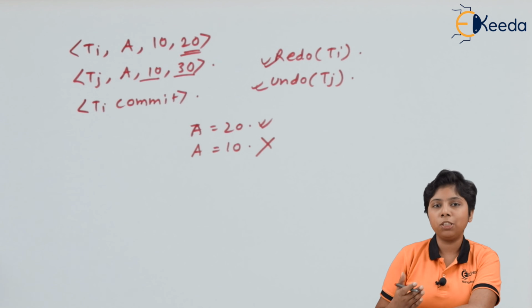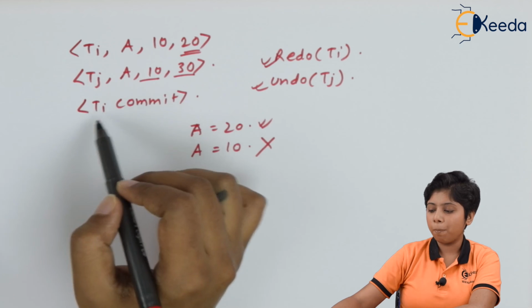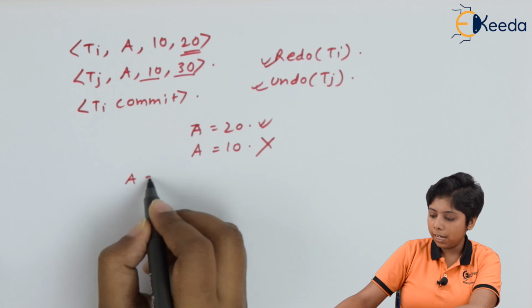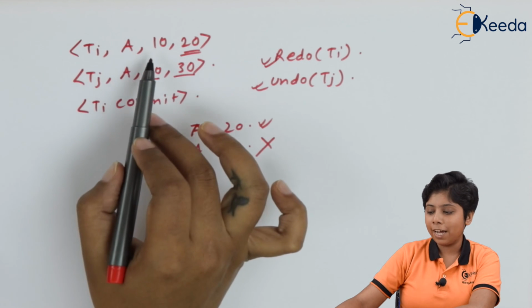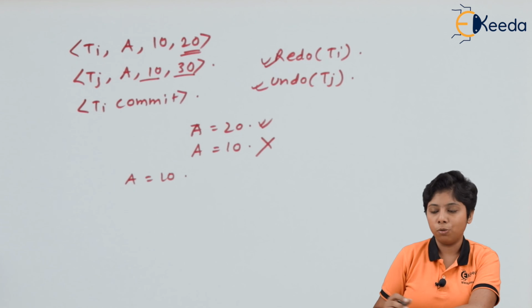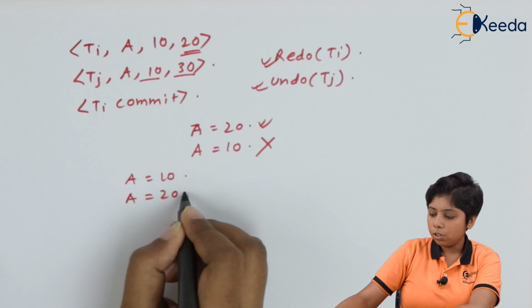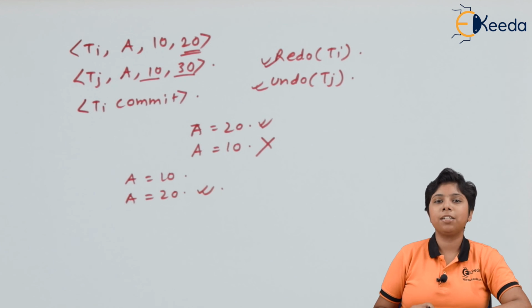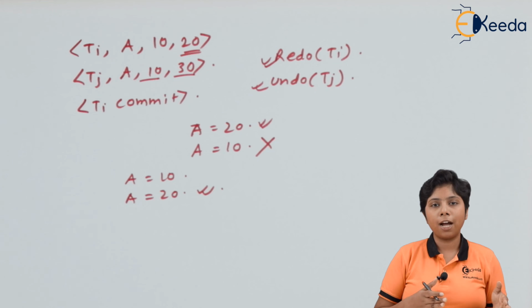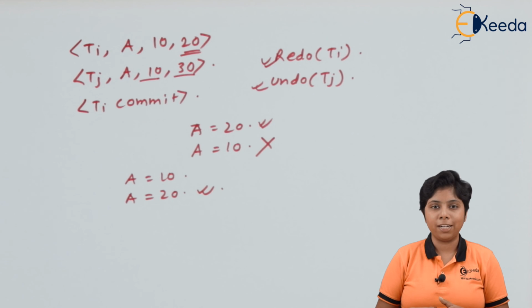But if we perform undo first, from backward we undo this effect to 10, so A is 10, and then the redo of Ti makes A equal to 20, which is the exact result we want to preserve. That is why, to avoid such problematic results in recovery, we choose first undo then redo with every recovery technique.